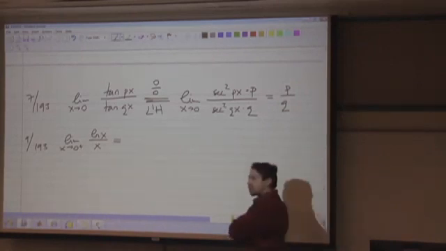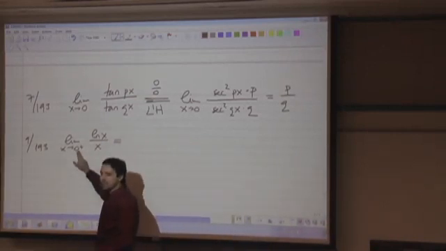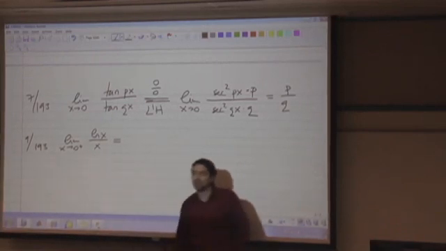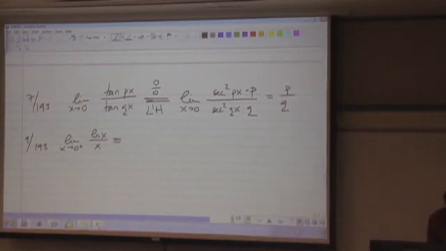So what does this actually end up being? Well, it's ln of x, which is ln of 0 plus, minus infinity, divided by 0, right? Let me write it as the limit as x goes to 0 plus of 1 over x times ln of x.